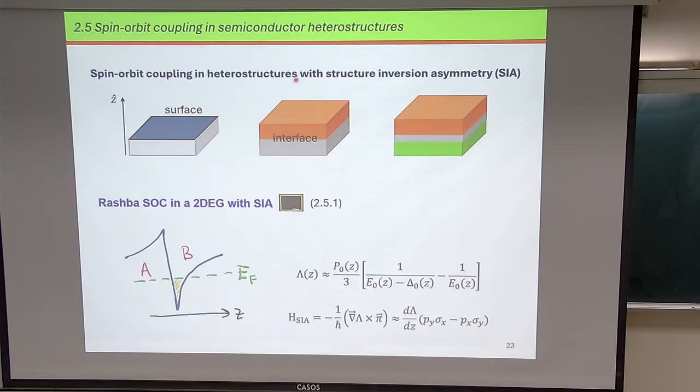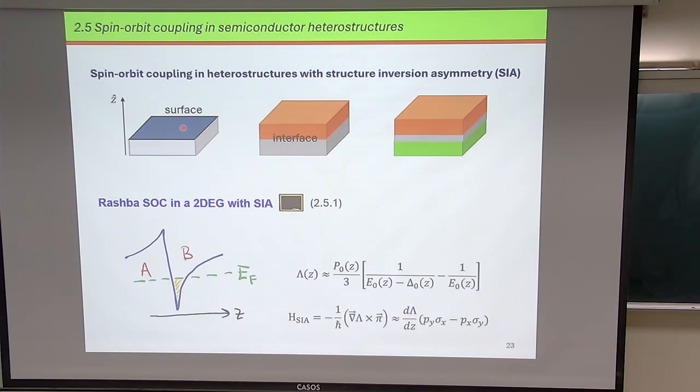The lack of inversion symmetry, or structural inversion asymmetry, is typically called SIA. Let's say at a surface, you look at the z direction. What you have above the surface, maybe just vacuum, is different from what you have below. So the inversion symmetry with respect to the z direction is broken in this case, right?